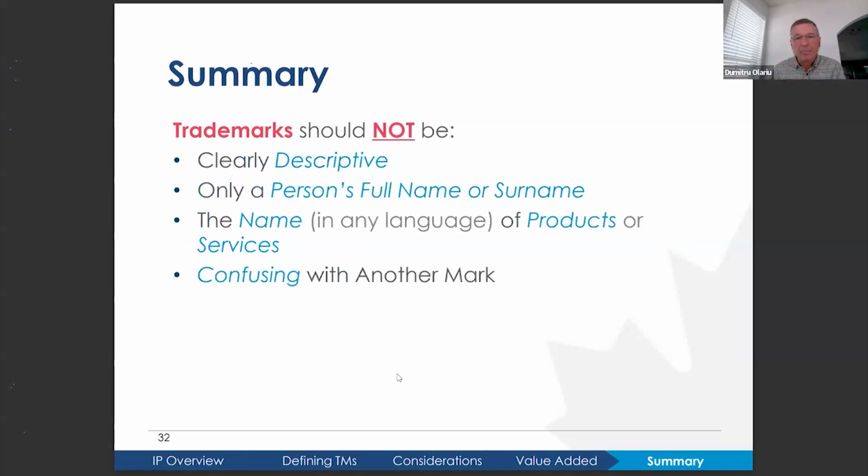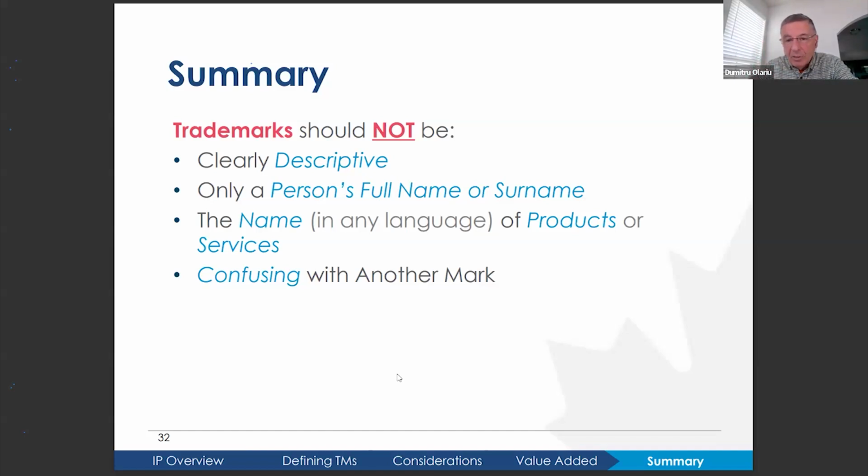Next slide, please. Also, keep in mind, as I mentioned before, that trademarks should not be clearly descriptive. They are not considered powerful. The same with a person's full name or surname. They are not registered at first, but you have to put a lot of money, time, and effort to make them work as a trademark, like an identifier of products and services pointing to just one producer.